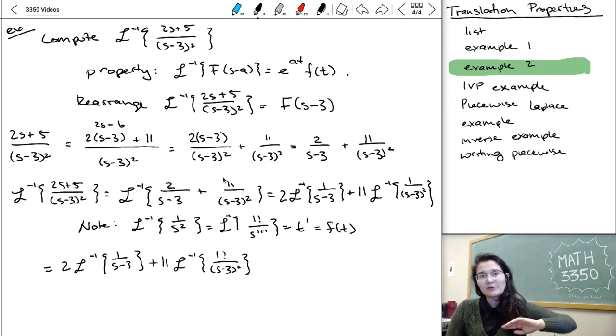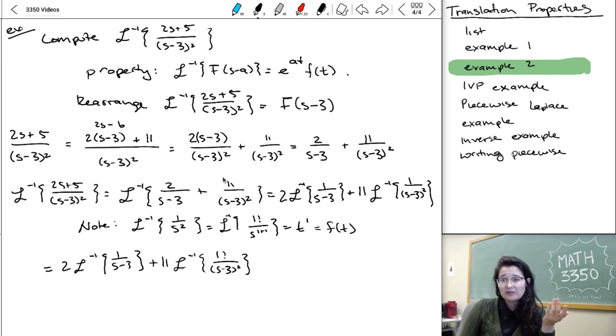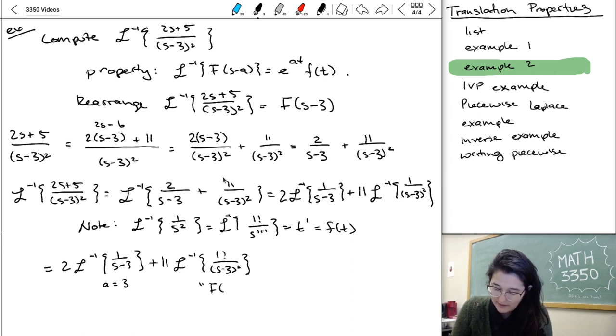And since 1 factorial is 1, I don't have to do anything special here, but if I was introducing a number, I would divide it down here. In this case, I'm looking at, for the first one, that's an exponential with a equals 3. And for this one right here, this is my capital F of s minus 3, where f is 1 over s squared, and a is 3.